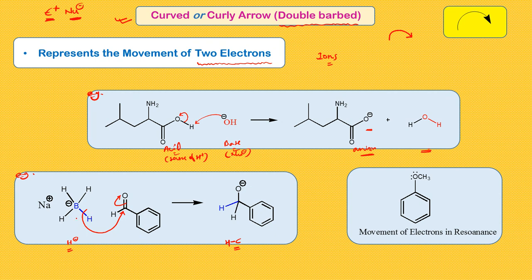So how are we representing this? Both the electrons from this BH bond go along with this hydrogen, and we call it a hydride. This hydride attacks the carbonyl group to form the new CH bond.